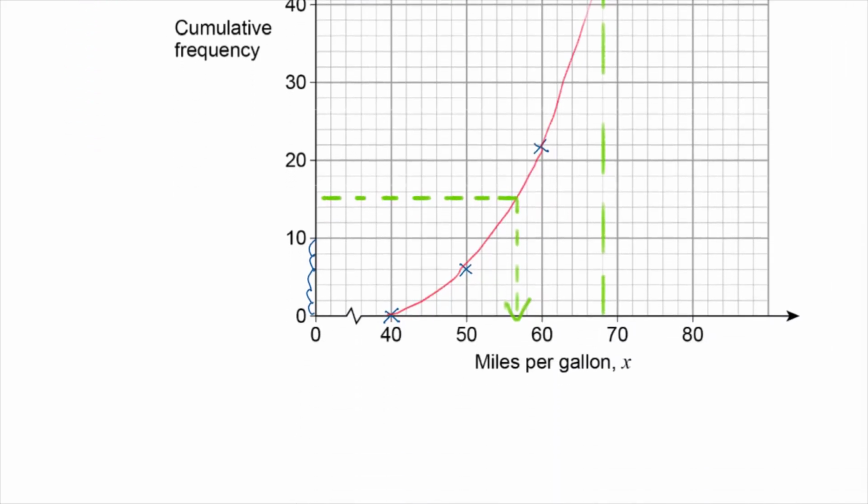Okay, so that's going to be my Q1 there, and that's going to be my Q3, the lower quartile and the upper quartile. So I make Q1 equal to, what's that, 57? Between 56 and 57. I'm going to go for 57, I think. And then the Q3 value looks to be 68.